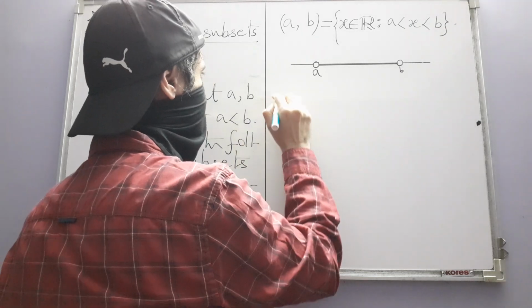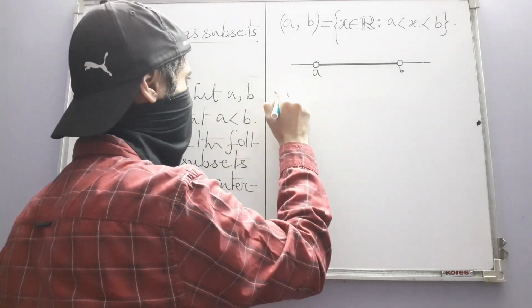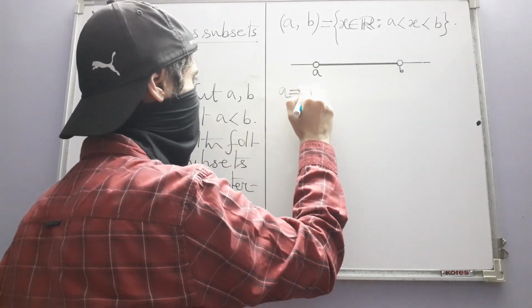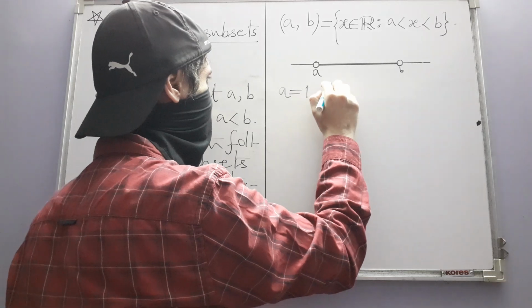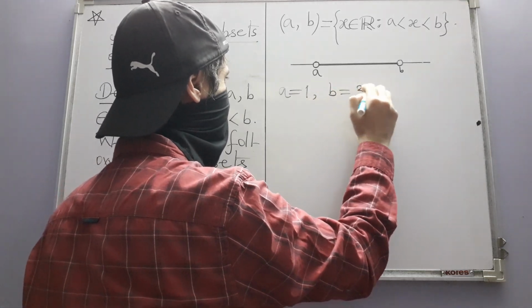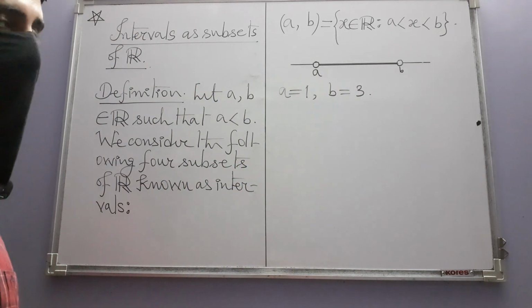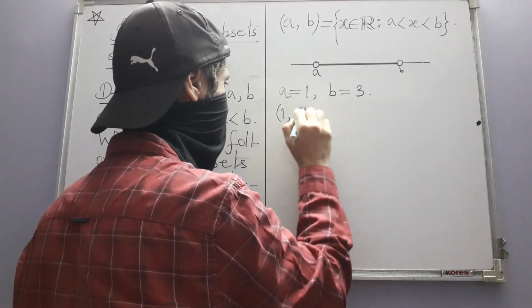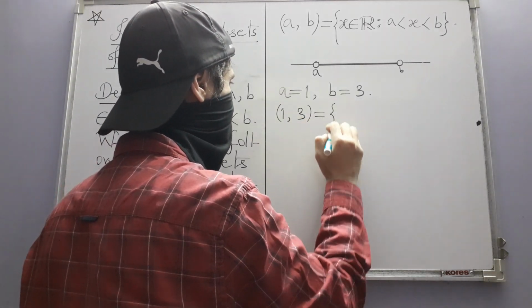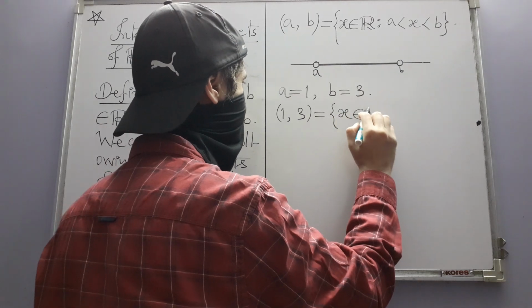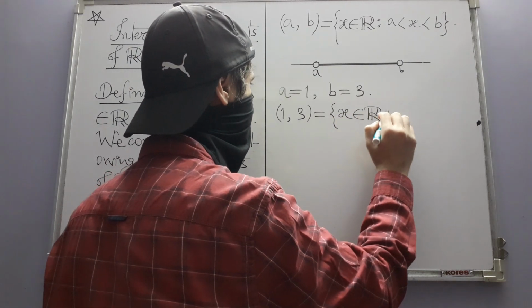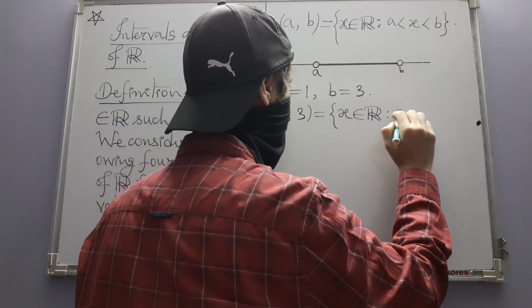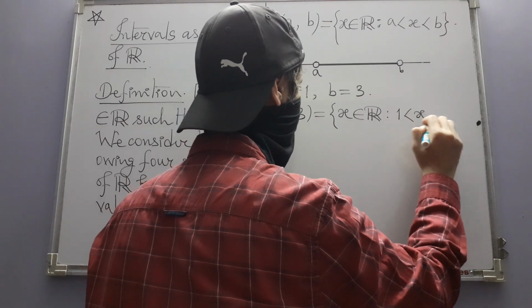For example, if you take, say, A equal to 1 and B equal to 3, then (1, 3) is the set of those real numbers which satisfy these inequalities.